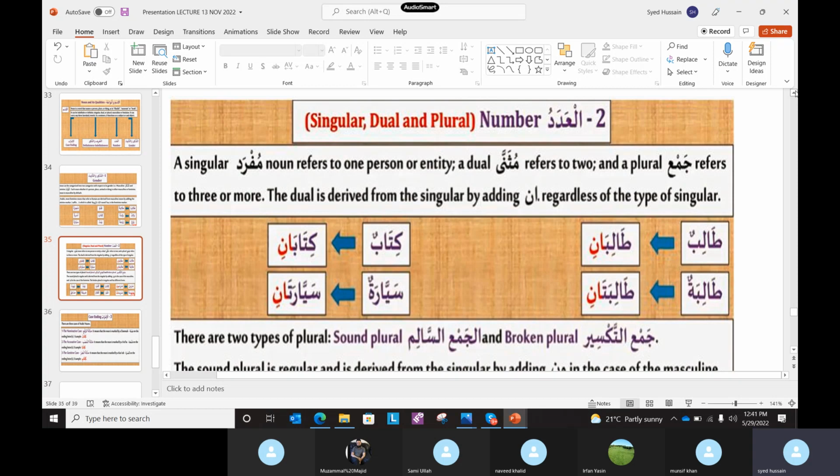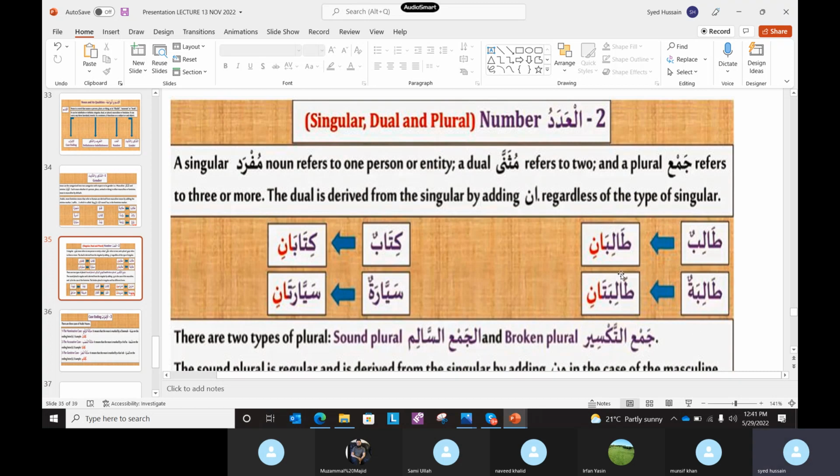But when we talk about two girl students, we say talibatani, talibatani. We have added here what? This ta marbuta, change it to simple ta, and then added ani.